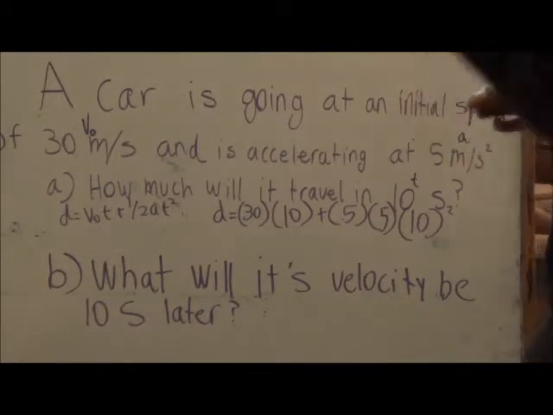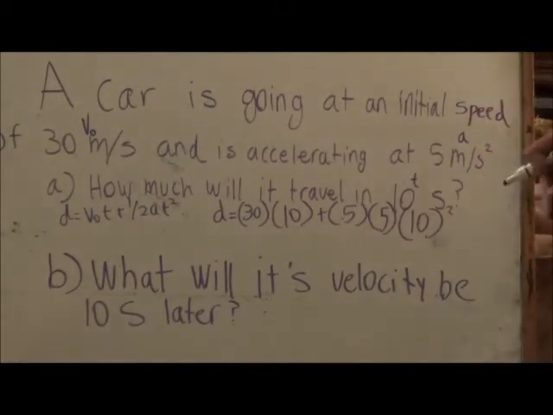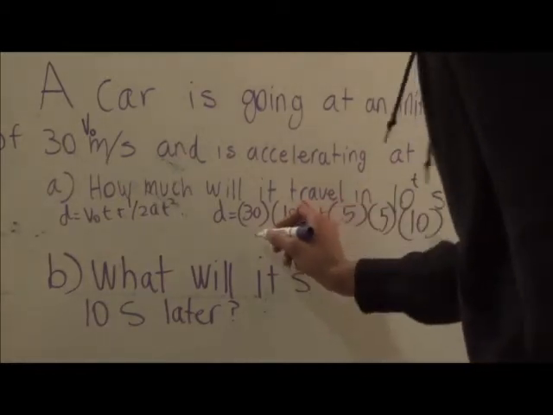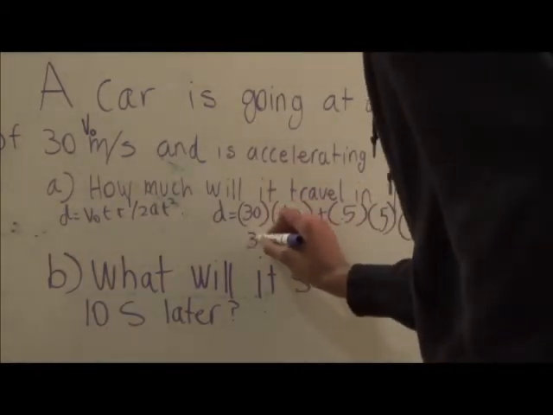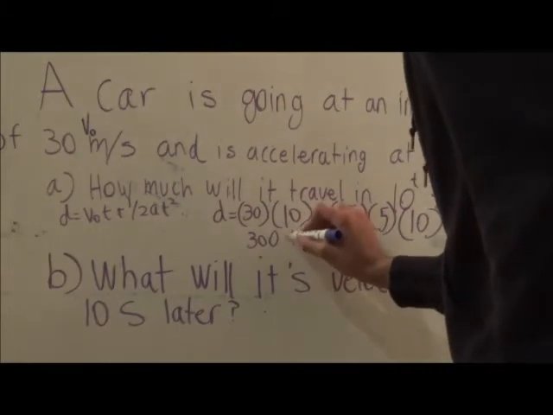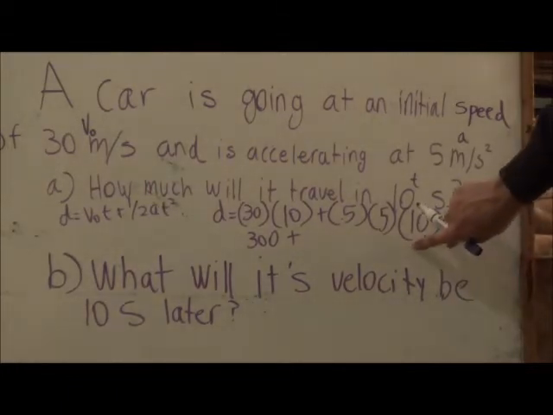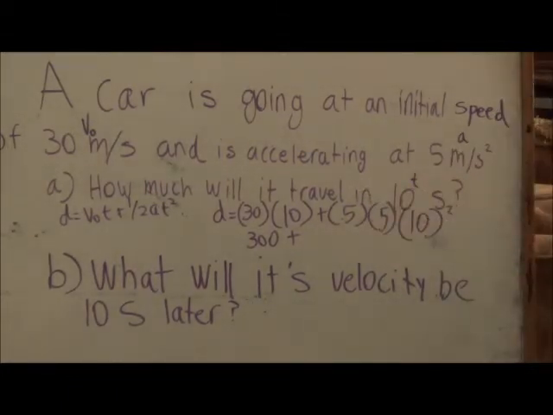Okay, I don't need this anymore. Now I can start calculating. 30 times 10 is 300, plus 0.5 times 5 times 10 squared. 10 squared is 100. 5 times 100 is 500. 500 times 0.5 is 250.